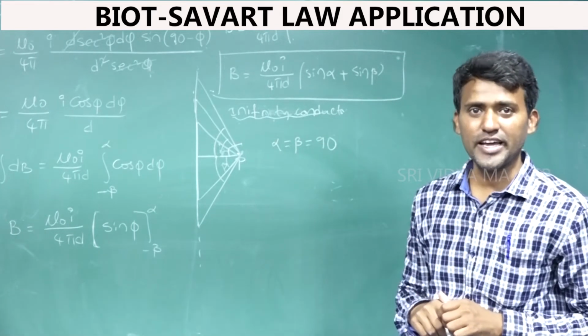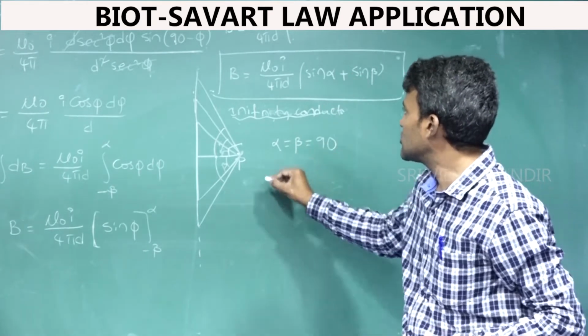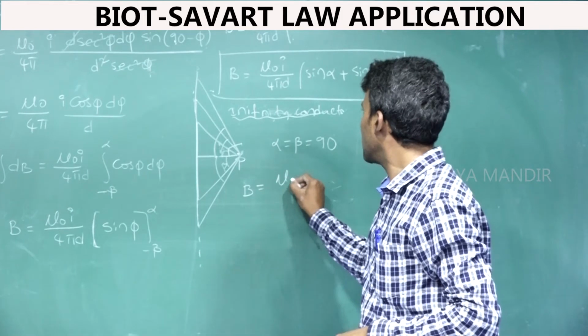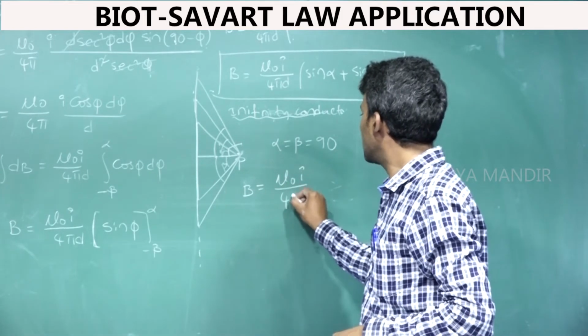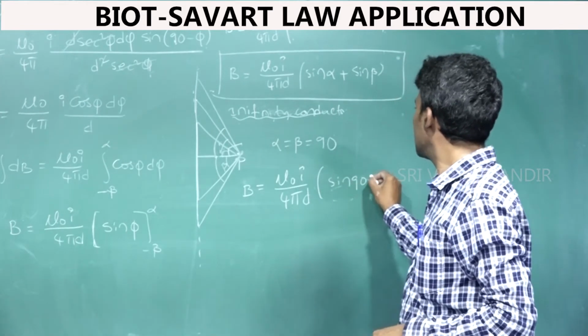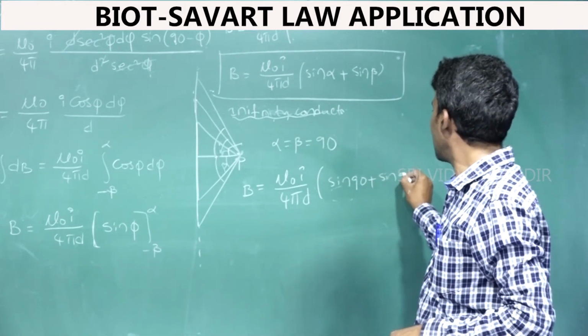For an infinite conductor, alpha and beta are equal to 90. If you substitute in this equation, B is equal to mu naught I divided by 4 pi d into sin 90 plus sin 90.